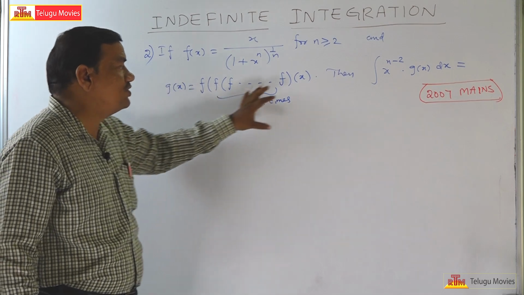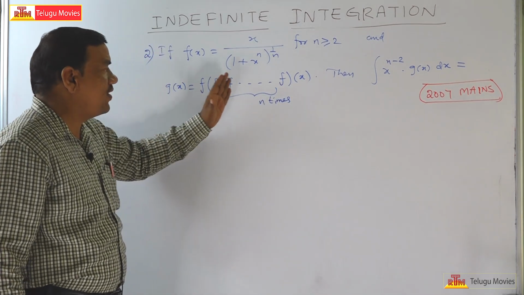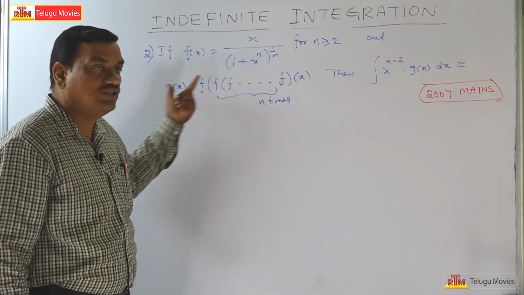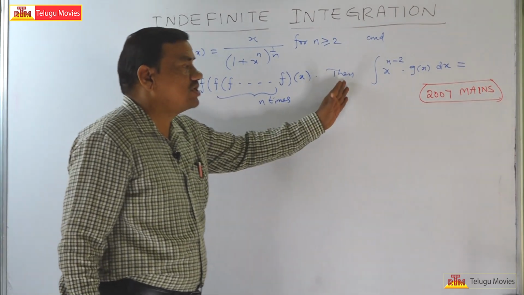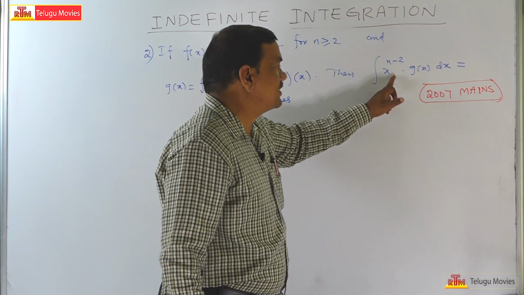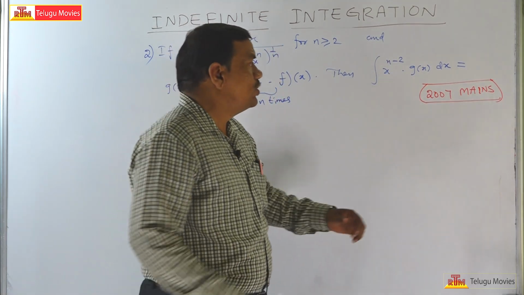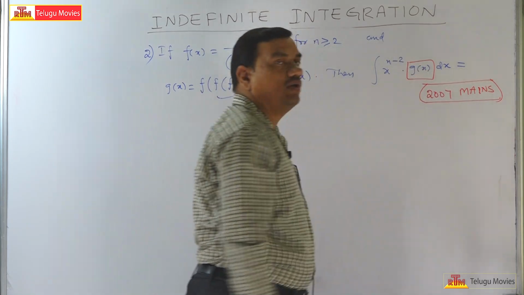It is a composite function of n f functions, that is f of f of f, n f's are there. We are asked to find the integral of x to the power of n minus 2 into g of x dx. If you first find g of x, then the problem will be over.